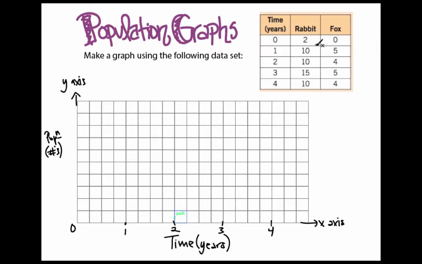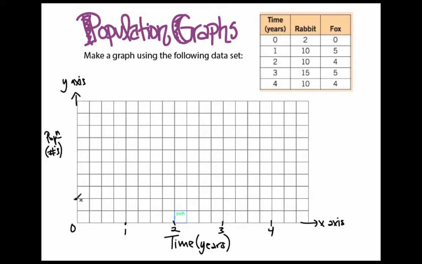Then I need to come up with my y-axis scale. And what I need to do is look at the data that I have to graph, and I have to look at the highest value in between the two of them. And the highest value here I see is 15, meaning I need to be able to go from 0 to 15 in just these number of boxes. Each box is going to represent a certain value.